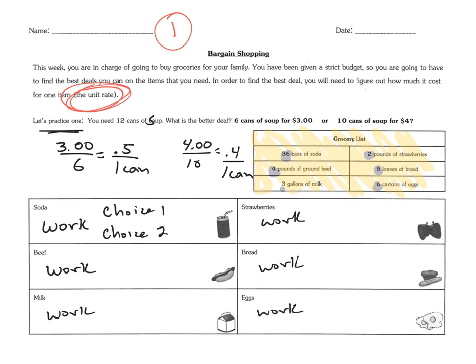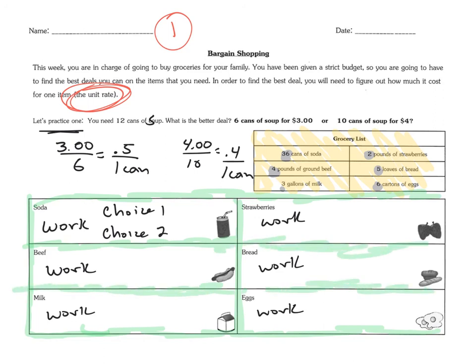Then I'm going to have you cut out this. And then you're going to cut each one of these out. So you'll have 6 strips of paper. You'll have to be efficient. Make sure your name's on the back.